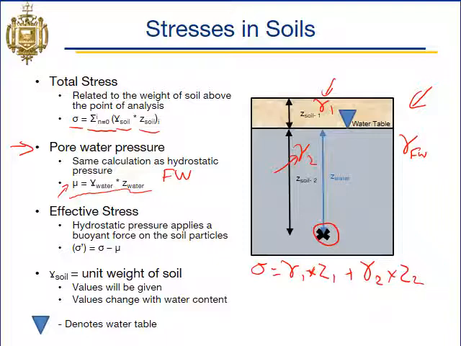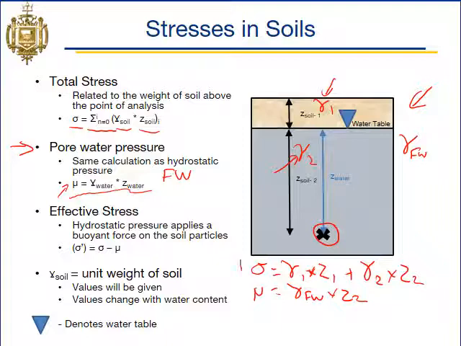And we already did our calculation here for pore water pressure, which is mu equal to gamma fresh water, and we see that our Z water and our Z2 are the same thing, so we'll just make that the same value in our equation. So times Z2.